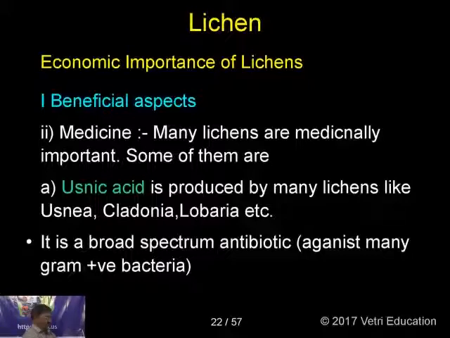Broad spectrum means it can kill a variety of infections, whereas a narrow spectrum kills only some particular diseases. A broad spectrum antibiotic can cure a variety of bacterial infections. So it is effective against gram-positive bacteria.